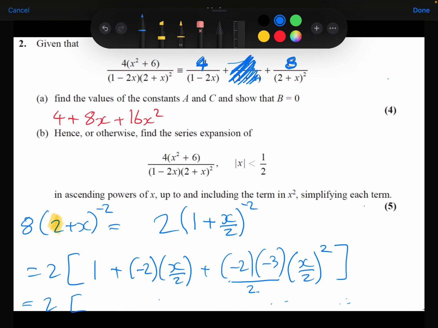Right, simplifying each term, we'll leave the 1 there. We've got minus 2 times x over 2. So that's just going to be minus x, because the 2's cancel out.